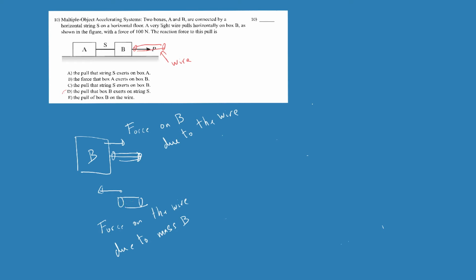So the reaction is the pull that the box B does on the wire. This is the one that is correct. Sorry, they talk about the string, the wire. Maybe if I solved it in class, I made a mistake. I don't remember. But this should be the correct answer. Check it in the system during the practice quiz.